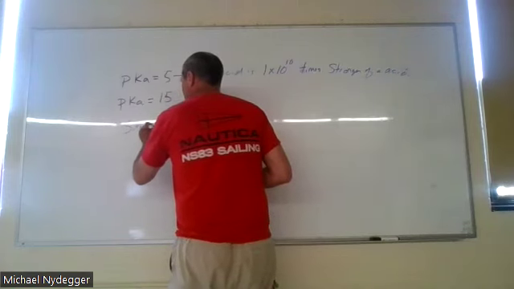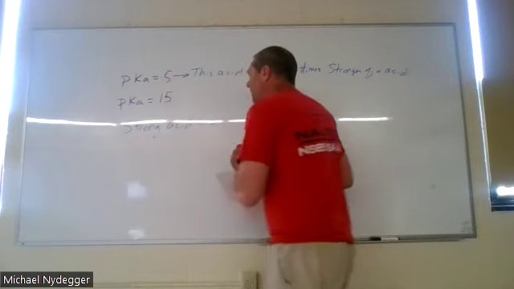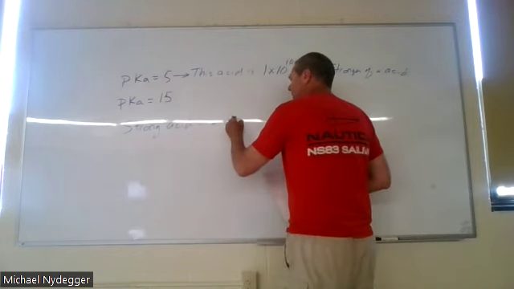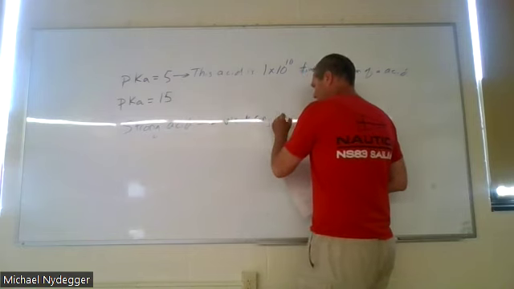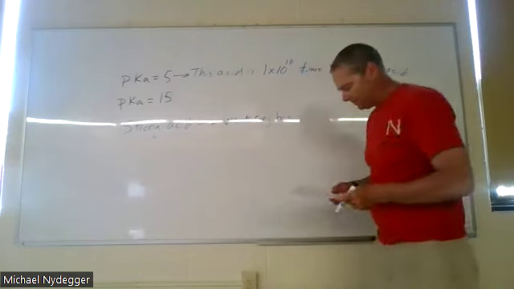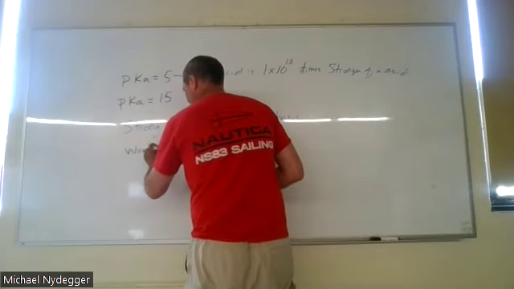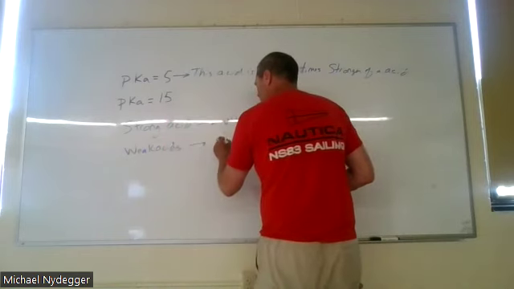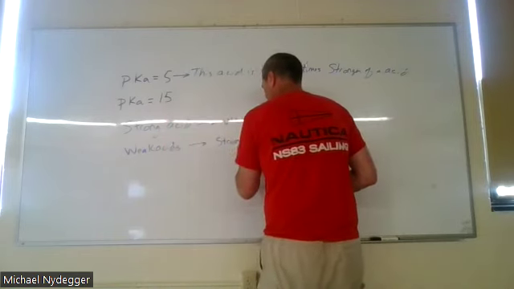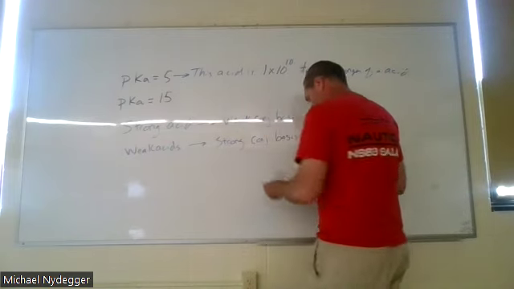And then strong acids dissociate into weak conjugate bases, and weak acids dissociate into strong conjugate bases.